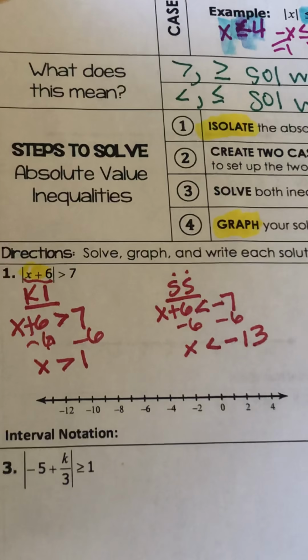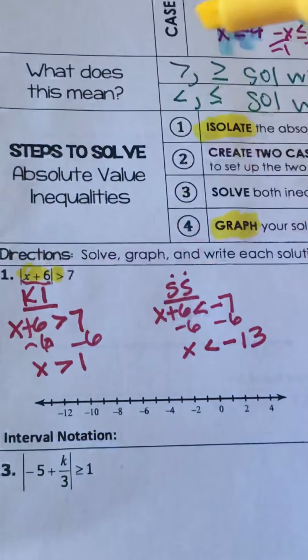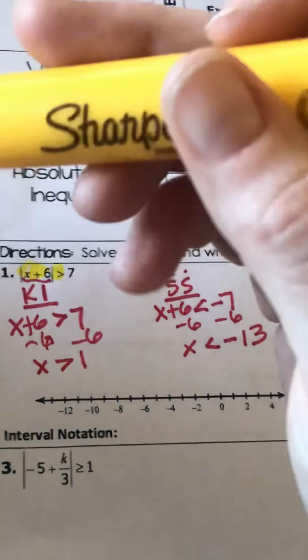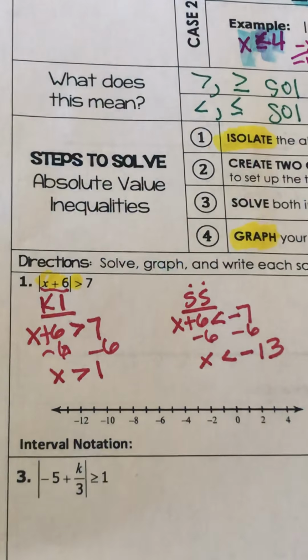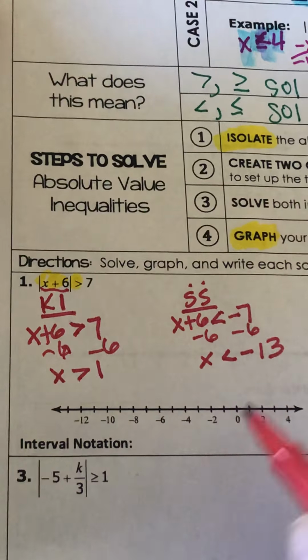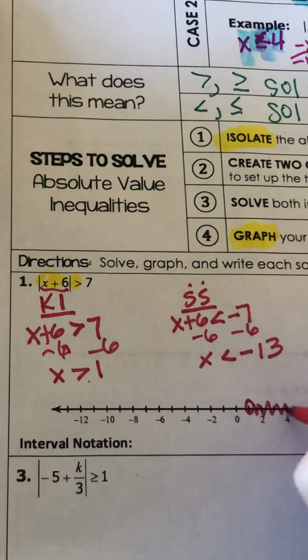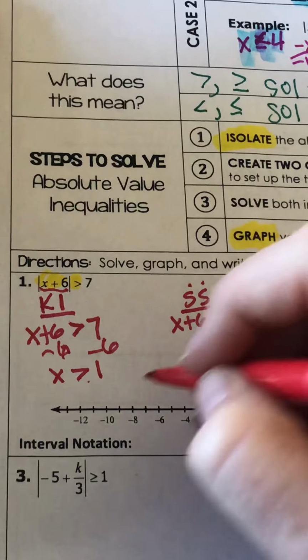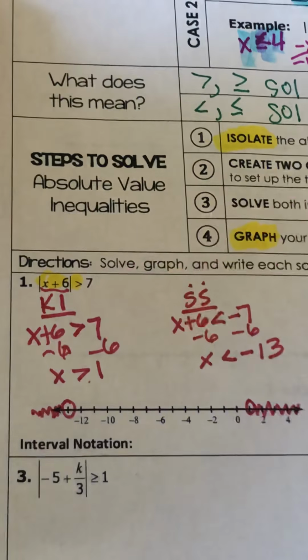Okay? Now we started with a greater than, so we should end with an or, unless we have some crazy sign changes and they both point the same way. But for this one, x is greater than 1, open circle shaded to the right, and x is less than negative 13, open circle shaded to the left.